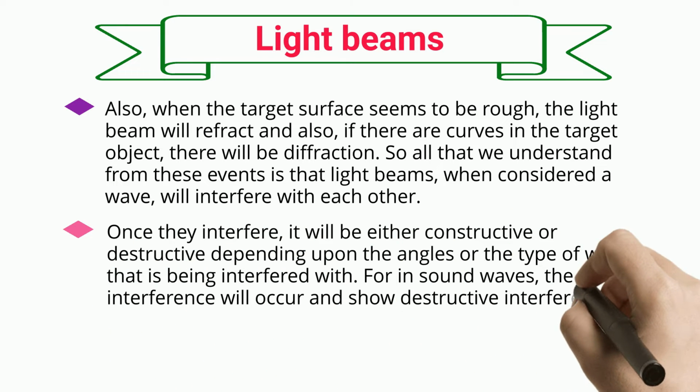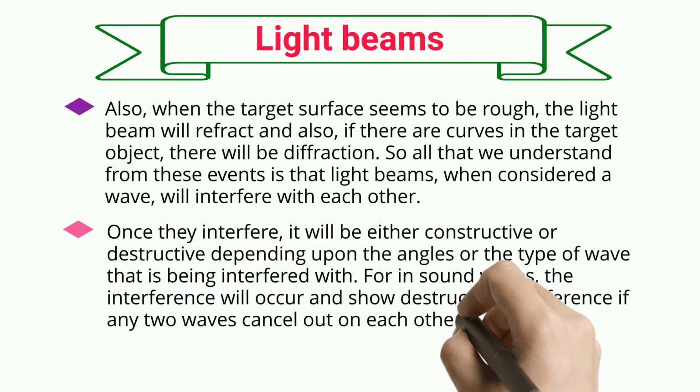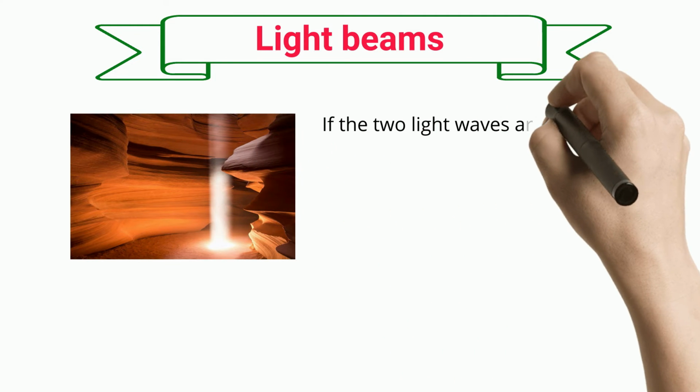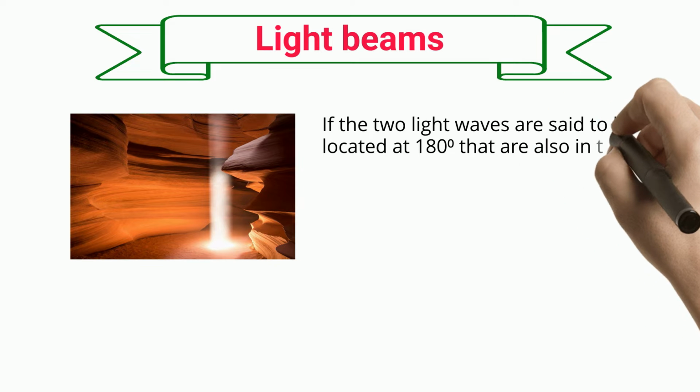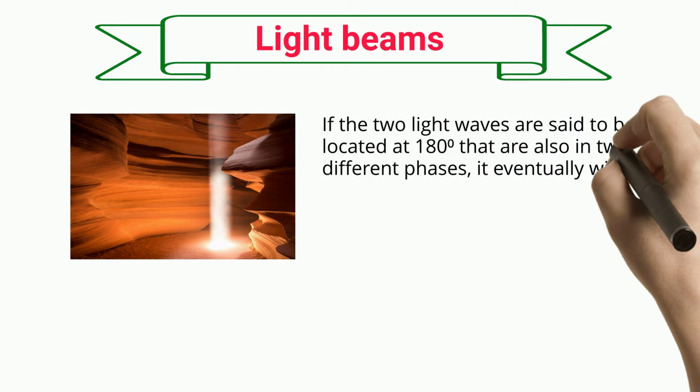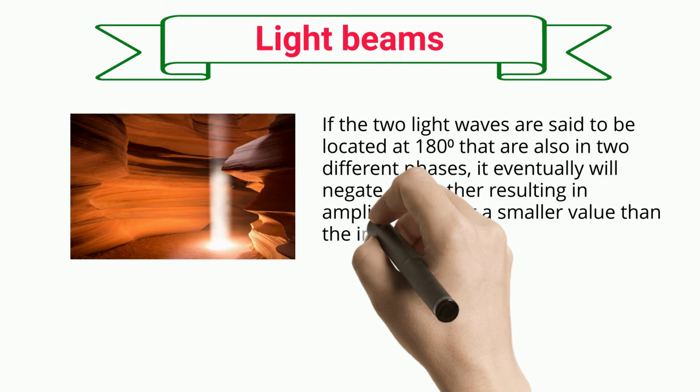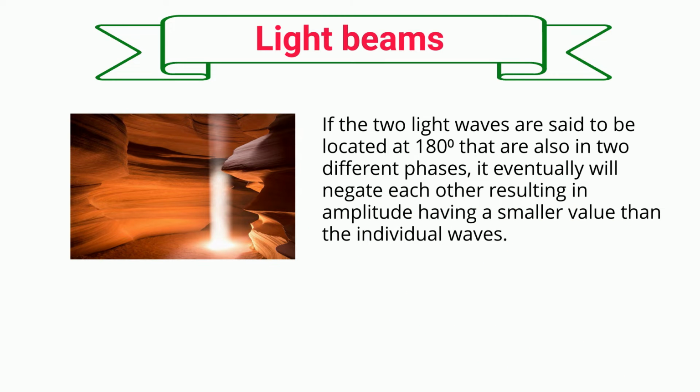For example, in sound waves, the interference will occur and show destructive interference if any two waves cancel out each other. If the two light waves are located at 180 degrees, that is in two different phases, they will eventually negate each other, resulting in an amplitude having a smaller value than the individual waves.